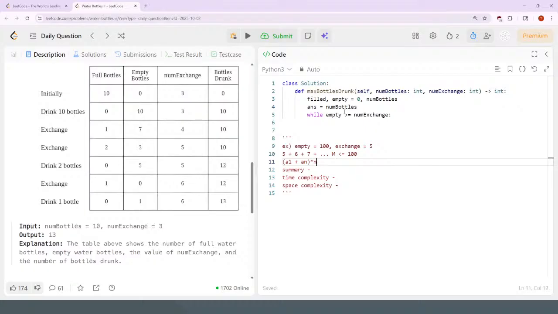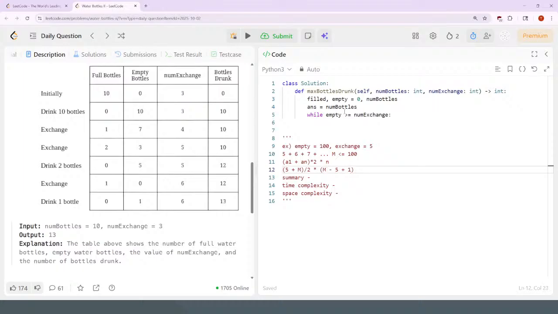The average times the number of numbers. So that should be like 5 plus m divided by 2 times m minus 5 plus 1.